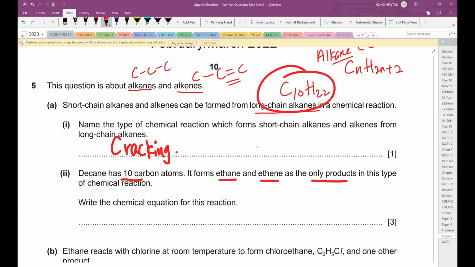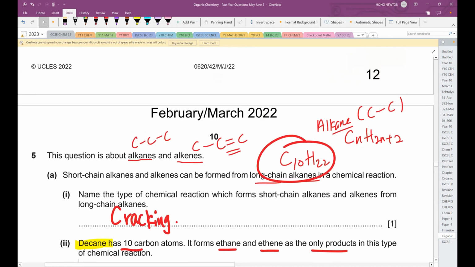Now they ask us to write the chemical equation for this reaction. First we derive from decane, where carbon is 10. We need to write down the general formula first. How do we know it is an alkane? Look at the A-N-E here, which indicates the alkane group. The alkane general formula is CnH2n plus 2, where n is the number of carbon.